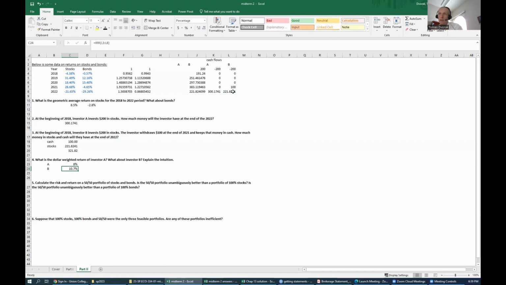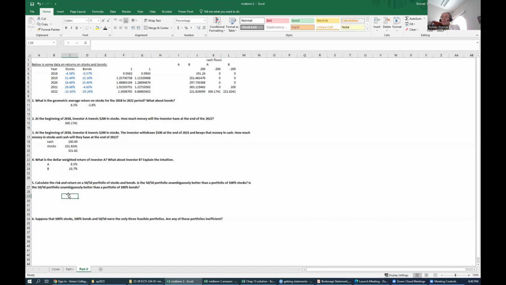And clearly, investor A didn't do as well as investor B, because investor A is a buy and hold investor. Their dollar weighted return is the same thing as the buy and hold return up here, 8.5%. Investor B has a better return because they timed it well. They took money out of the stock market right before the stock market crashed in 2022.